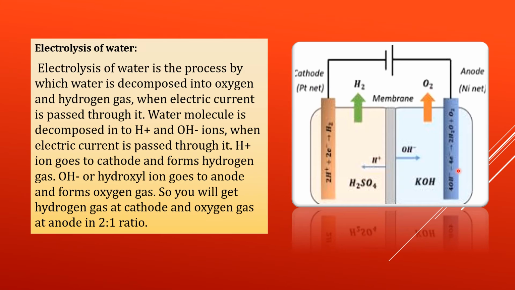So OH minus minus e minus, 4 they have written for balancing. So it will form H2O molecule and oxygen gas, that means oxygen molecule, so that we'll get oxygen gas at the anode.